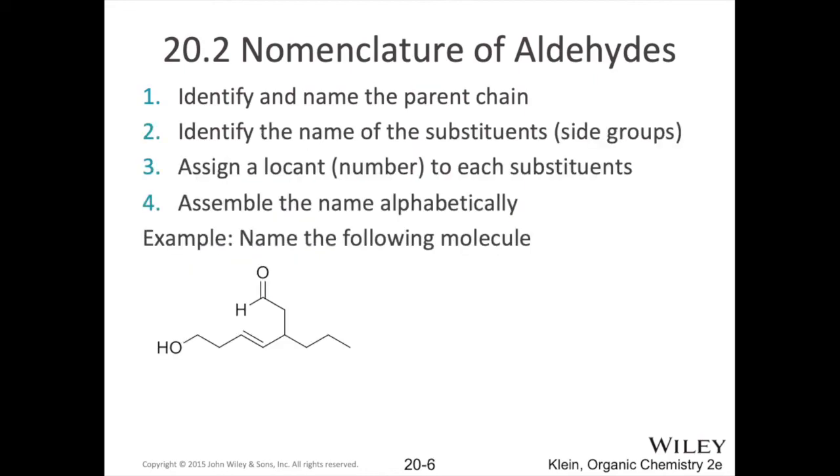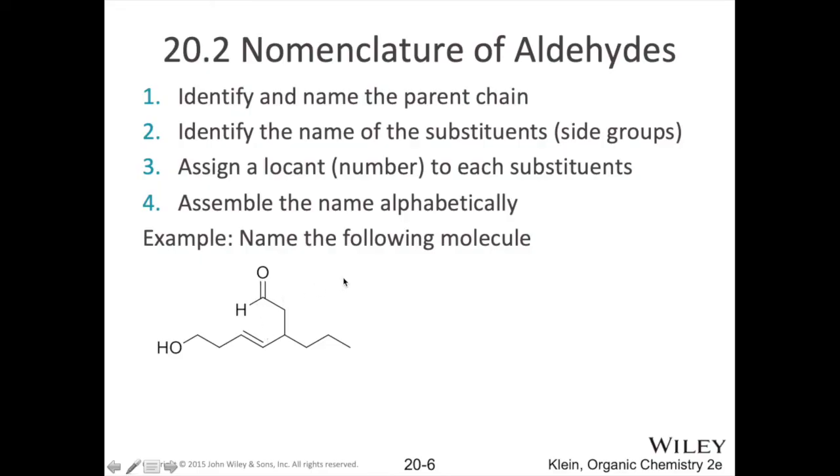This one's probably a little bit of a tougher problem because we've got multiple functional groups. You can see that in addition to the aldehyde here, we have an alkene. We also have an alcohol group. So we're going to have the aldehyde take priority over the others.